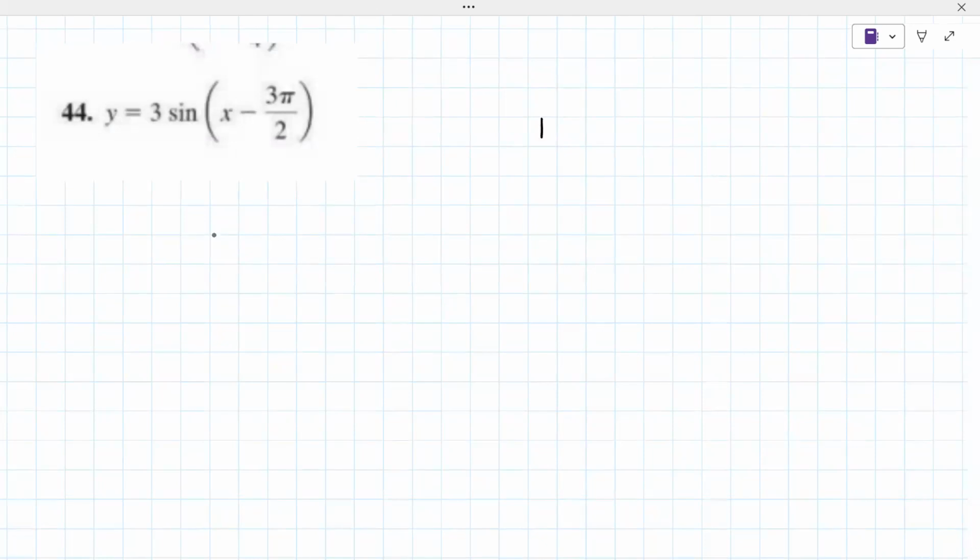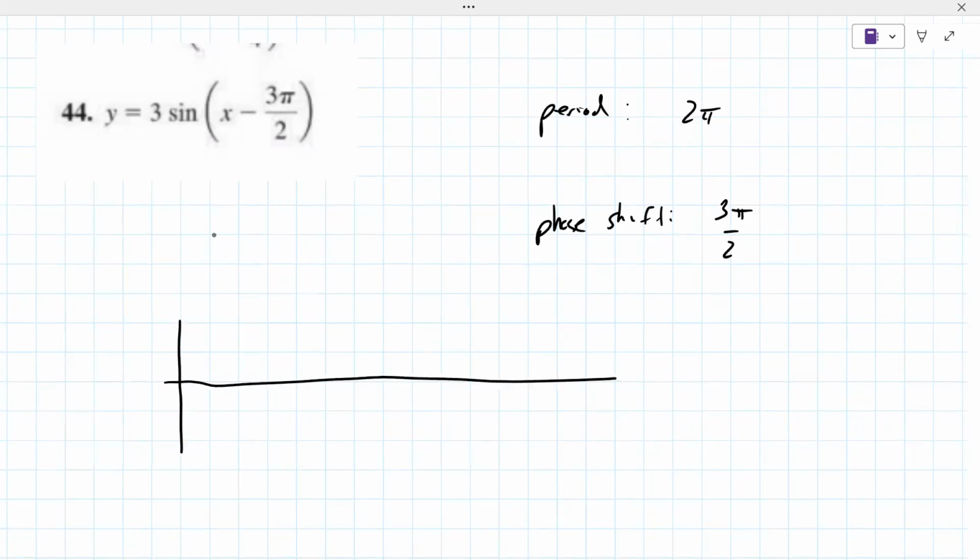Okay. Give me the period and the phase shift on this, please. Period's 2 pi and the phase shift is right 3 pi over 2. Good. All right. So this time when we graph it, we're going to choose our own scale.